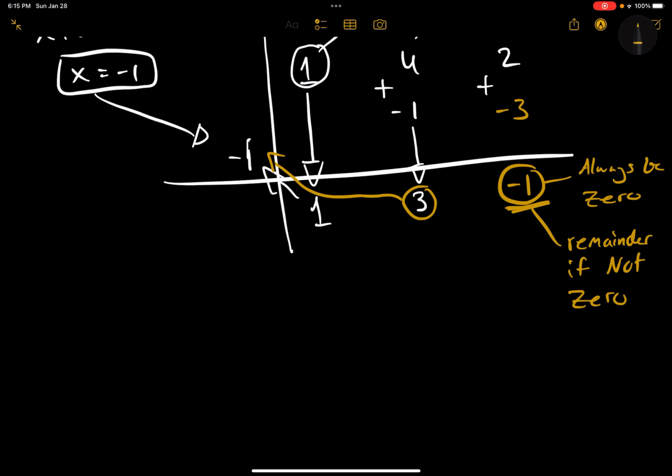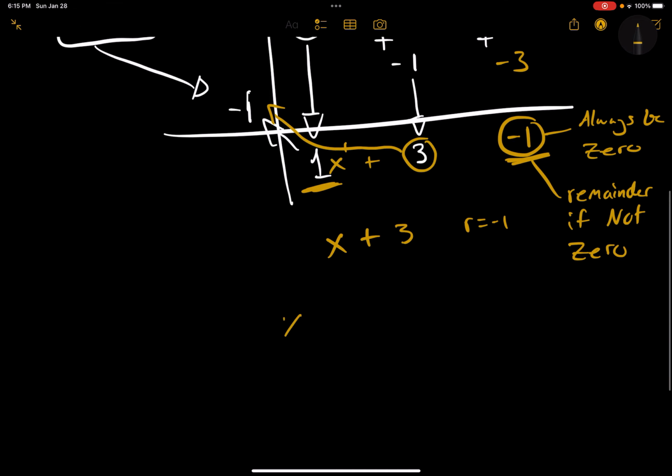So the first coefficient will have the power of x to the 1. And then for the next one, obviously, we remove another 1, and since x to the power of 0 is 1, there is no x, and it's just a constant. So therefore, x plus, because obviously there should be a plus here, 3. And the minus 1 is the remainder.